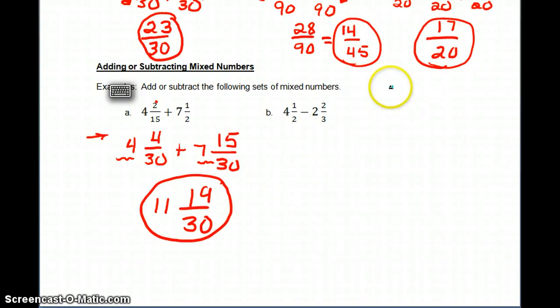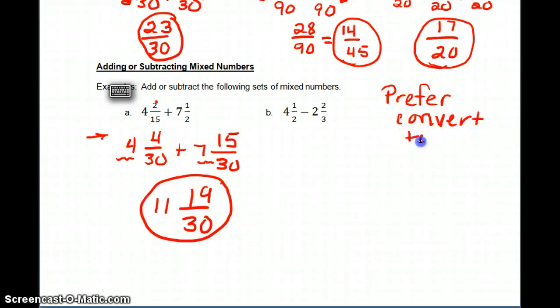I personally prefer to convert to improper fractions. So you take that as you will, but everybody has their own preference and likes to do things their own way, and however you prefer and however you feel most comfortable is fine with me. But I did want to show you both ways and make it known to you that there were two ways of doing these types of problems.